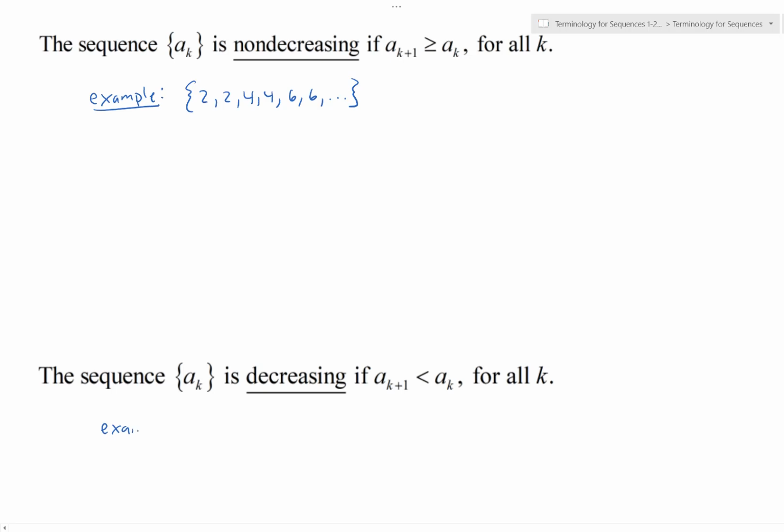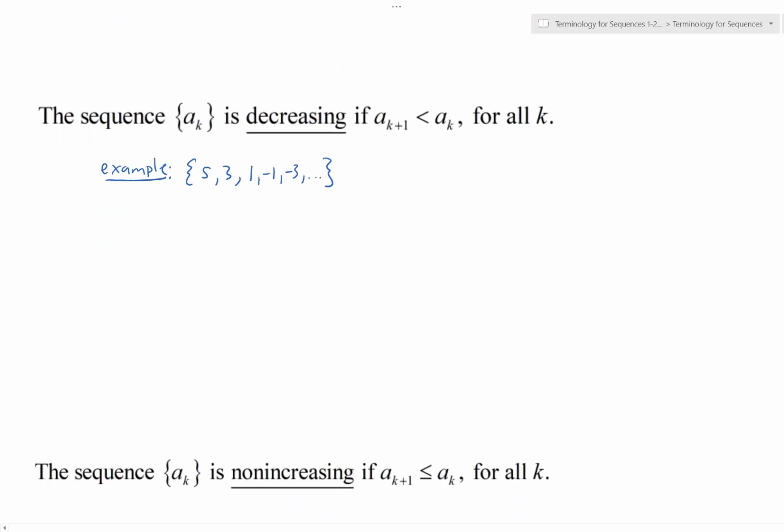For example, what if we took the sequence 5, 3, 1, negative 1, negative 3, dot, dot, dot. So what's happening? Each term that you get, the next one in the sequence, is smaller than the previous term. Hence, it's a decreasing sequence.